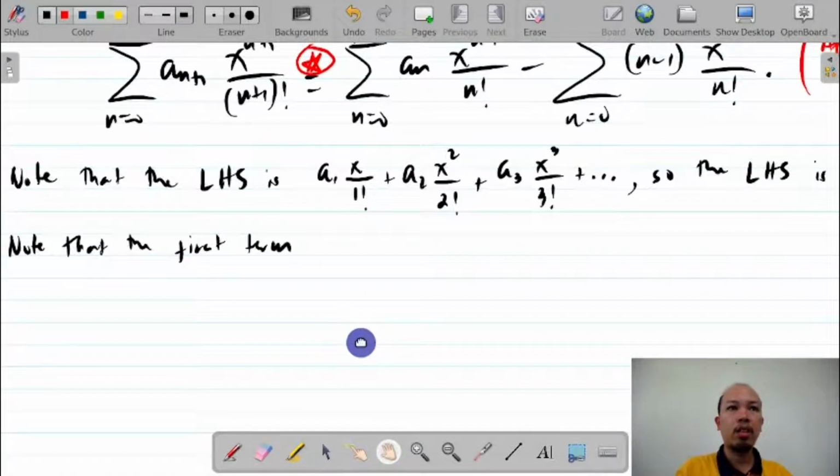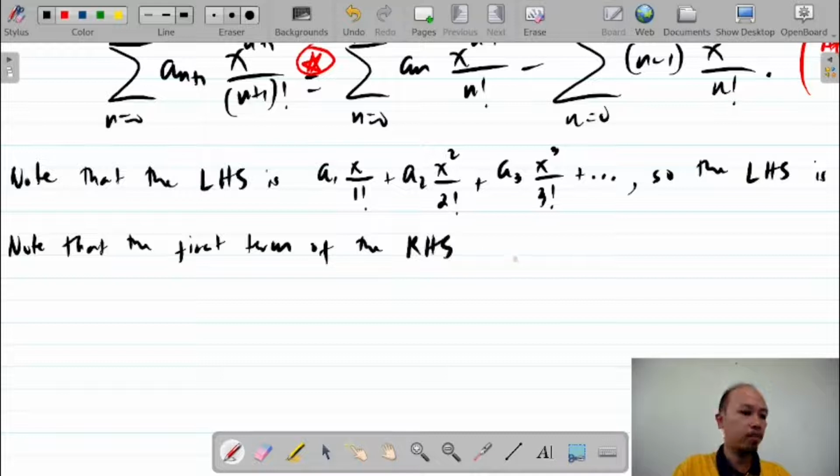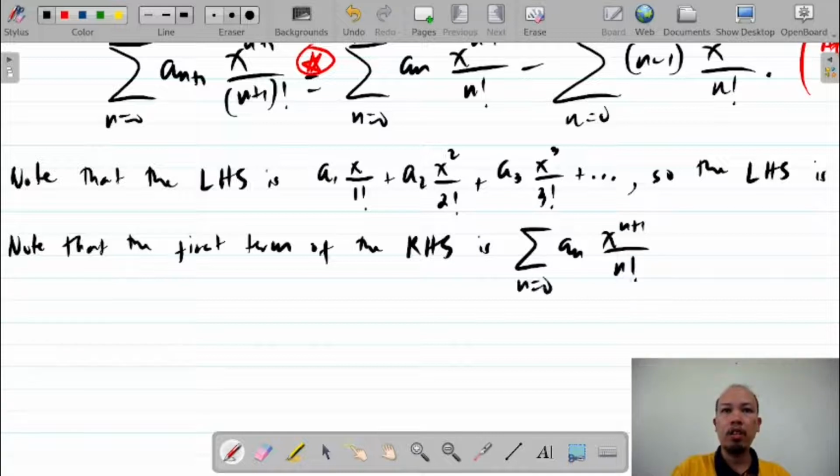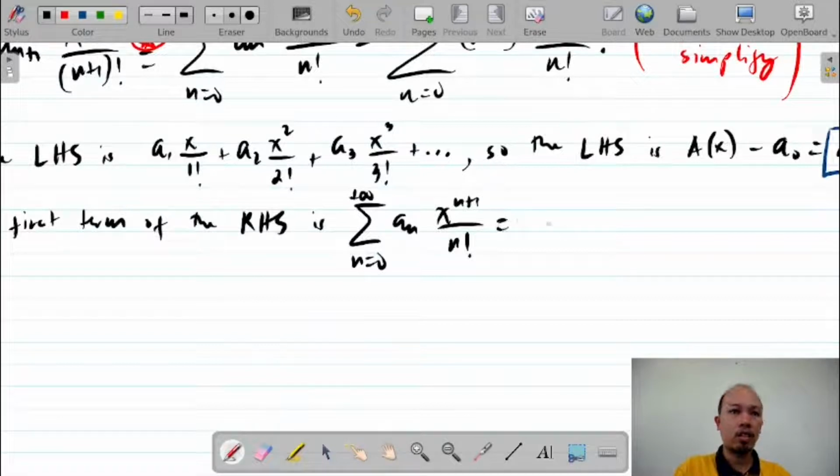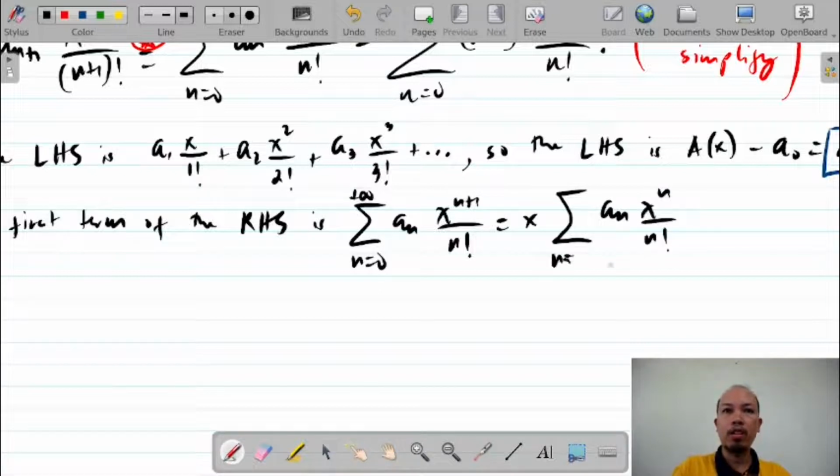The first term of the equation star is the summation of a sub n x to the n plus 1 over n factorial, n starts from 0 to positive infinity, and as you notice, you can factor out x here, summation of a sub n x to the n over n factorial, n starts from 0 to infinity.